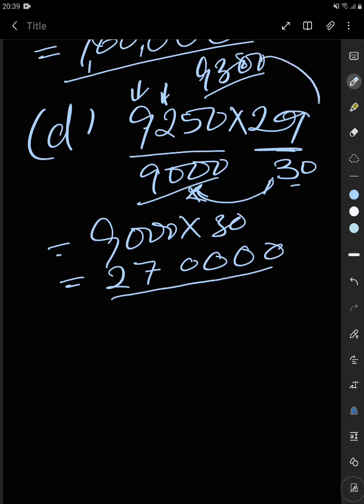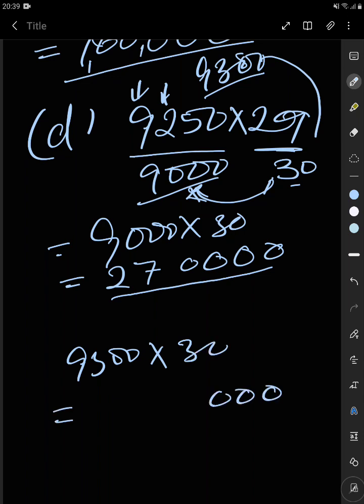If you multiply this one, how much difference will it make? 9300 multiplied by 30 will be 279,000, and this is 270,000. The difference between these is not much.